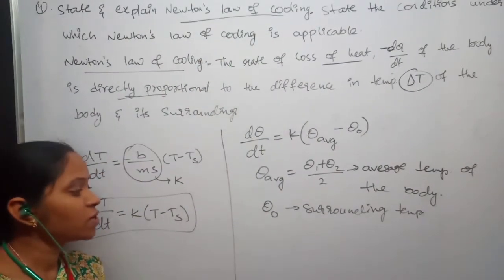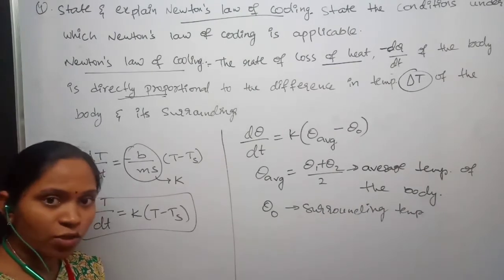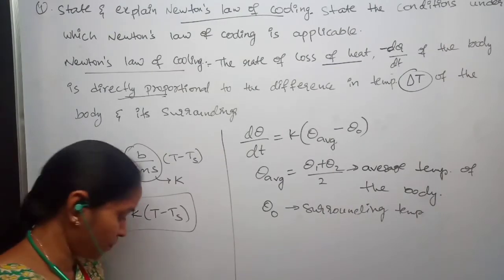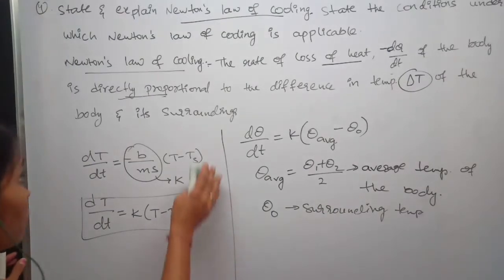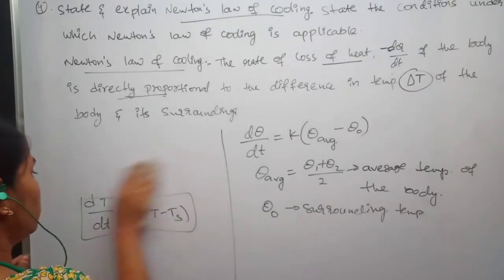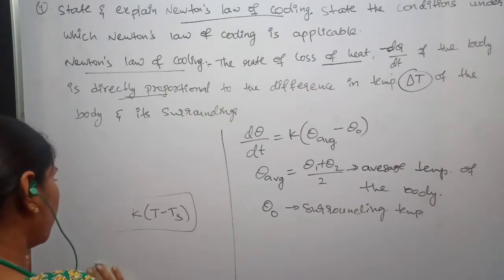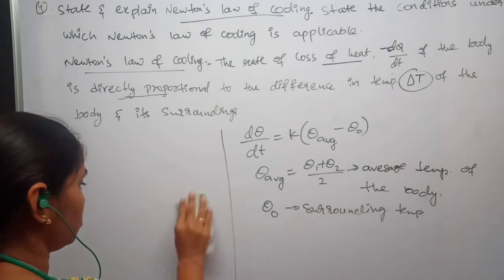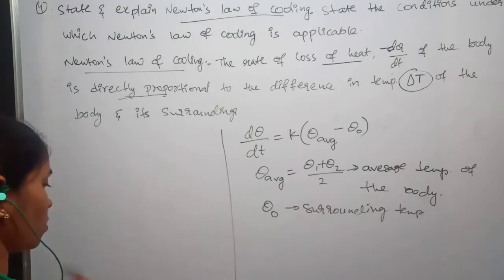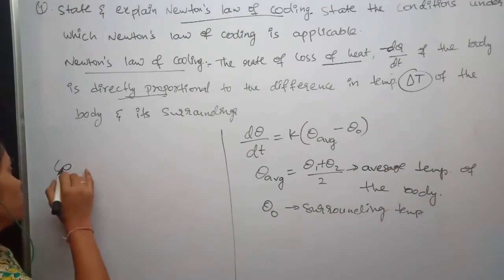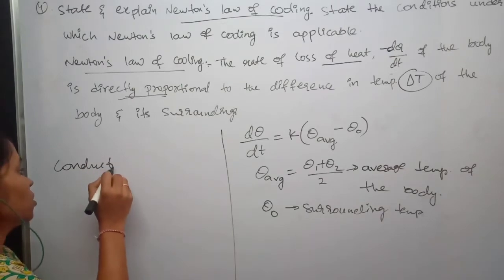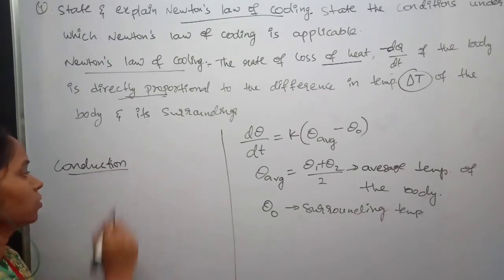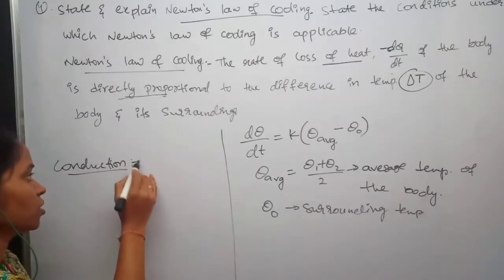Here heat transfer takes place due to convection. Conduction, convection, radiation. Do you know this? The heat transfer takes place because of conduction, convection and radiation. I am just giving you a brief idea about conduction, convection and radiation.